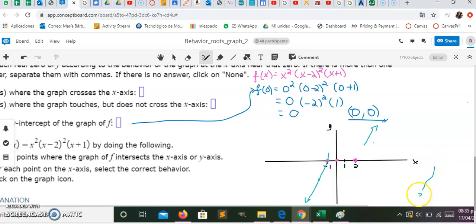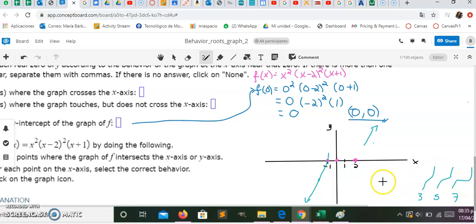If the multiplicity is 5, it is going to cross, but it is going to flatten a little bit more, like this, more or less. If it is 7, it is going to flatten a little bit more, okay? So if the multiplicity is greater, it is going to flatten more and more and more, but it is going to cross.